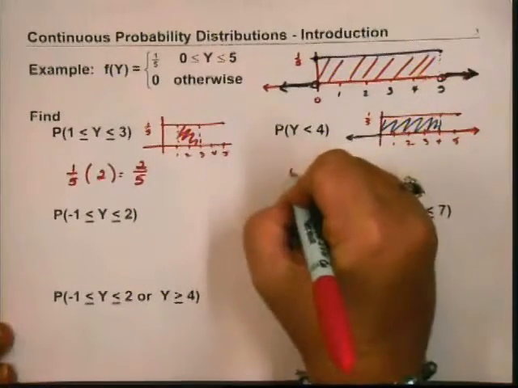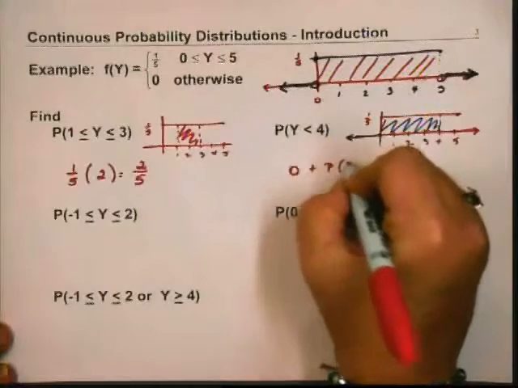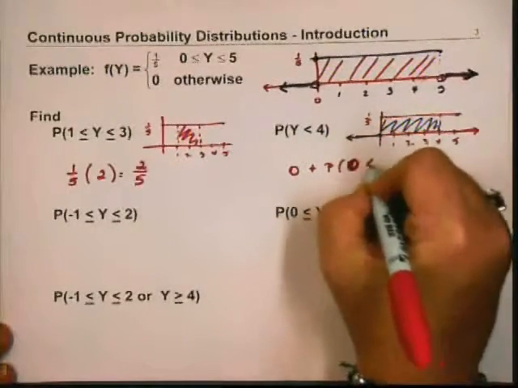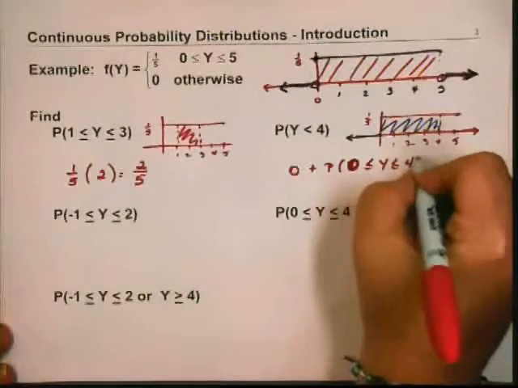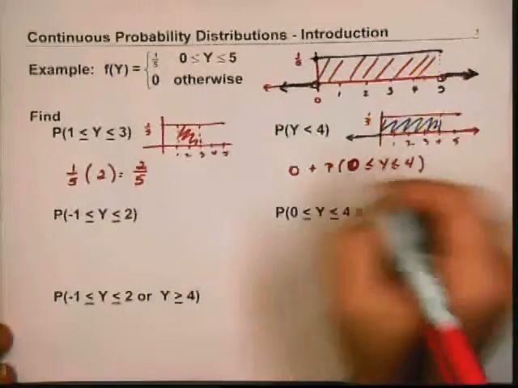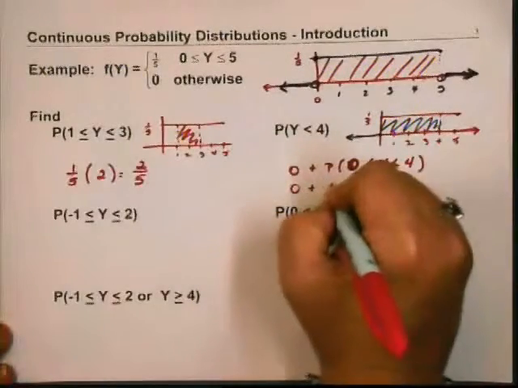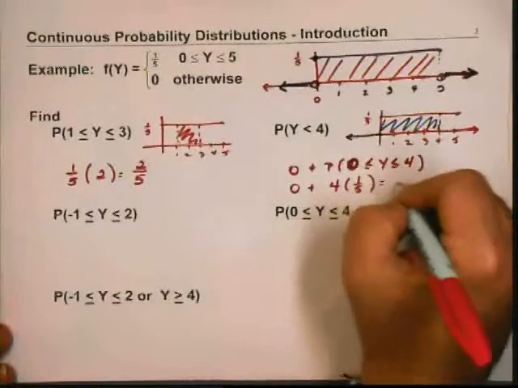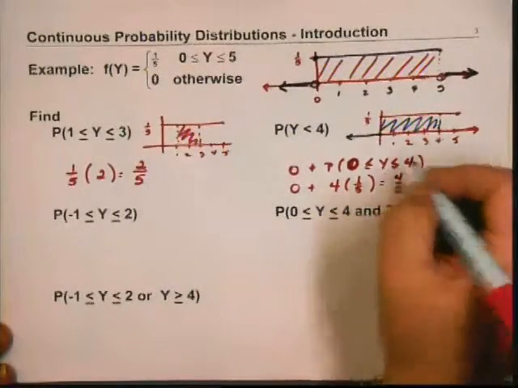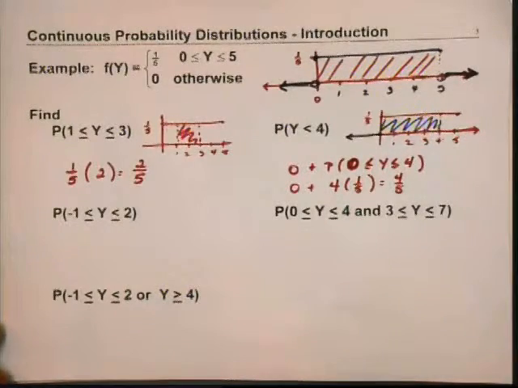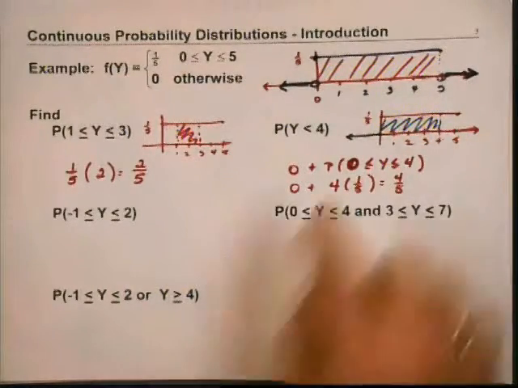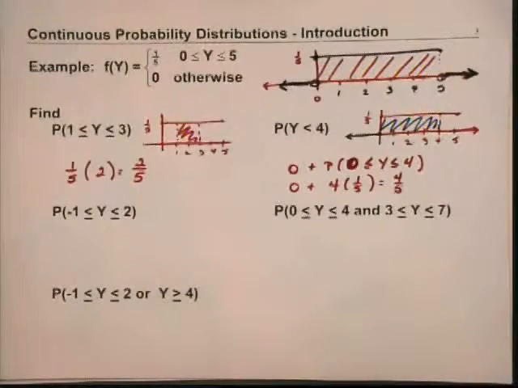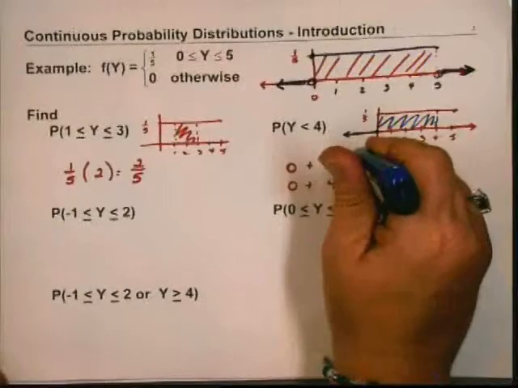And so we end up with 0 plus the probability that y, put an endpoint of 0 here, is between 0 and 4. Could be strictly less than 4 or less than or equal to. So it's 0 plus the length of this, which is 4, times the height 1/5: 4/5 or 0.8. So just emphasizing that we recognize that values over here were in the probability statement, but they had probability 0 of occurring.